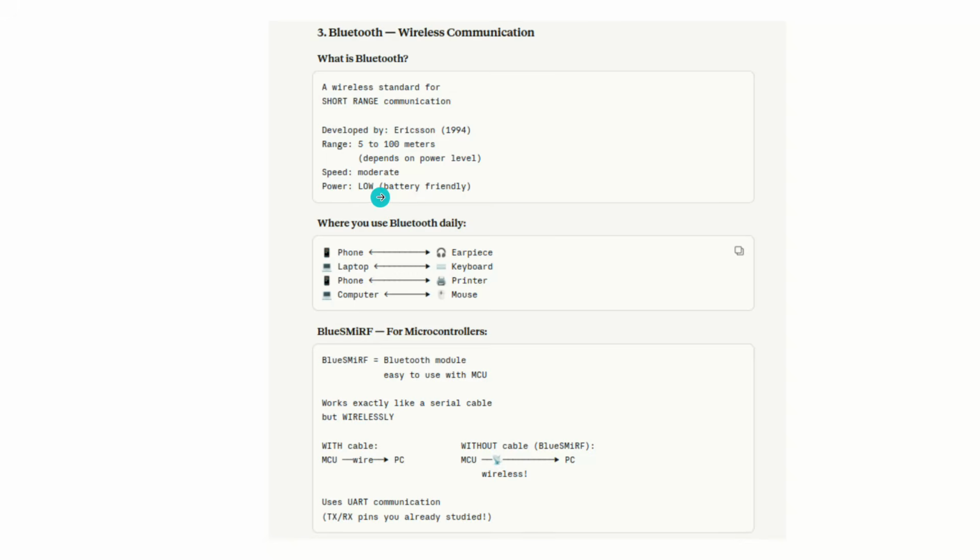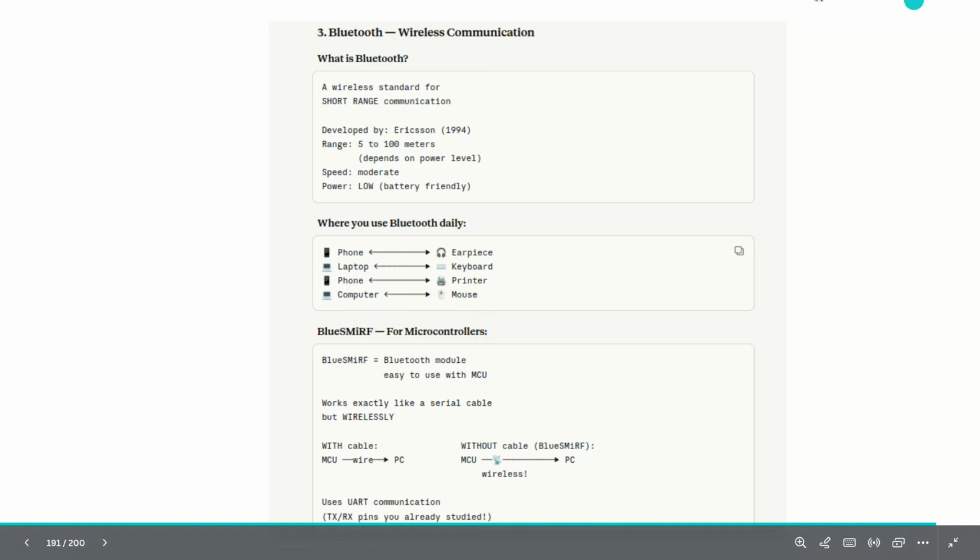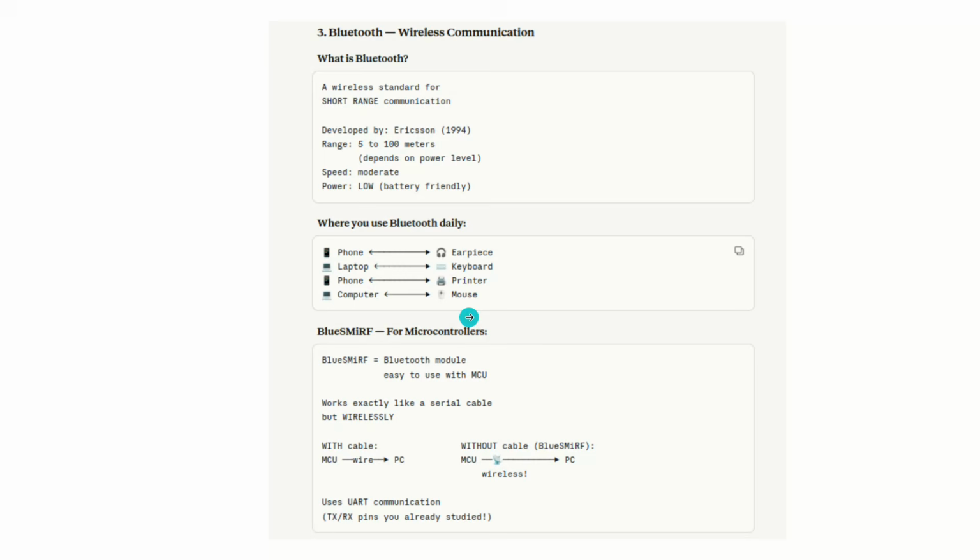We know Bluetooth devices always need charging, right? You can use it in the phone, laptop or earpiece, wireless keyboard, wireless printer, wireless mouse. These are the different Bluetooth devices.